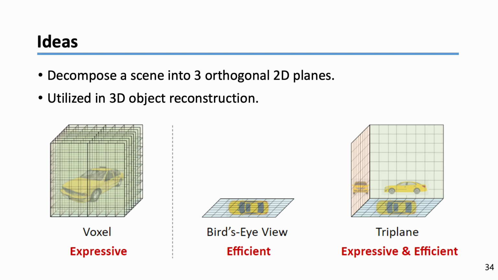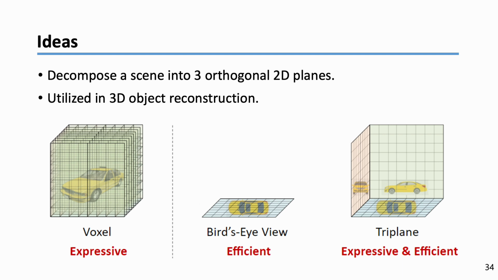As I mentioned, our previous method uses a voxel latent space, shown in this figure on the left. However, in the second paper, we selected the one on the right, which is the triplane. This representation vectorizes the 3D data into three orthogonal 2D planes.